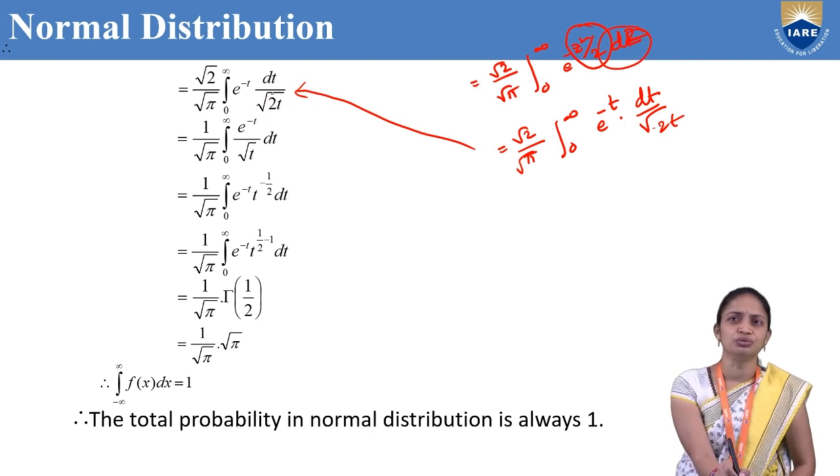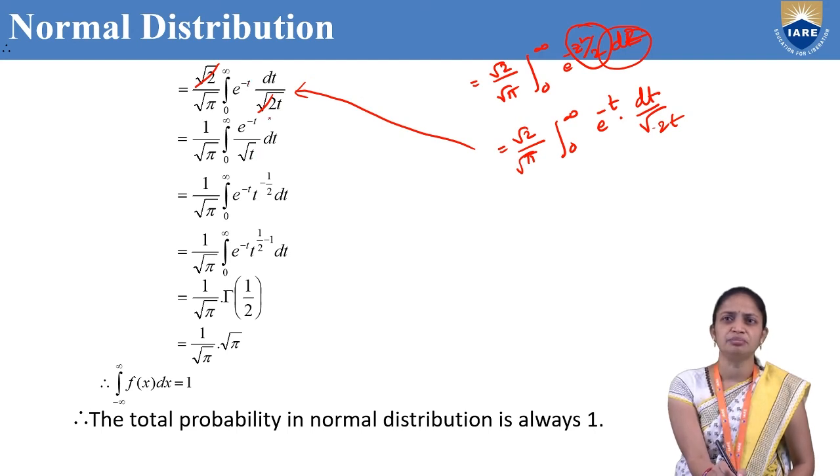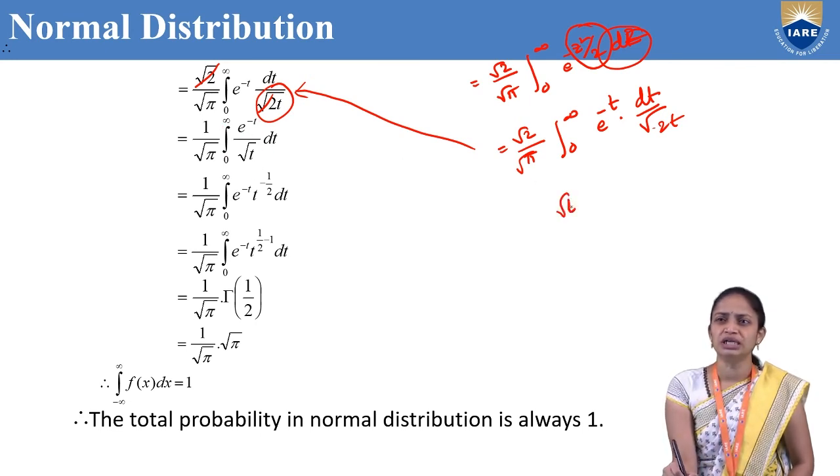Root 2 gets cancelled. So 1 by root pi into the integration over 0 to infinity of e power minus t divided by root t into dt. Root t is nothing but t power 1 by 2, so 1 by root t is nothing but t power minus 1 by 2.